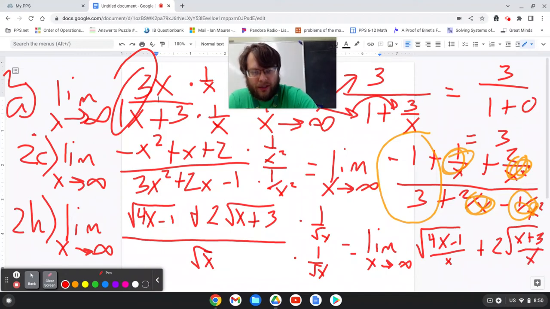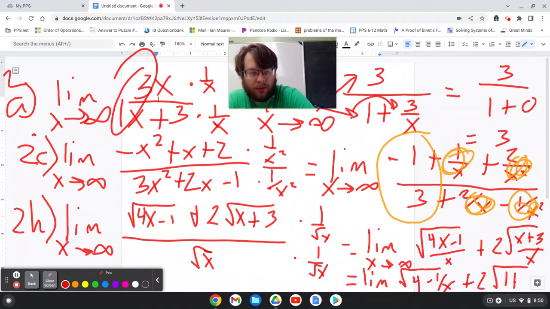And I'm going to try to squeeze this in at the bottom, that we can make this the limit as x approaches infinity of the square root of 4 minus 1 over x, plus 2 times 1 plus 3 over x. Same idea now.